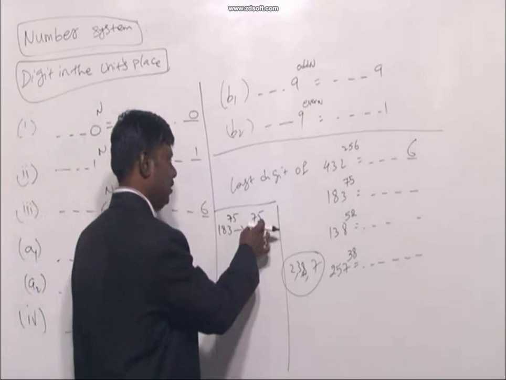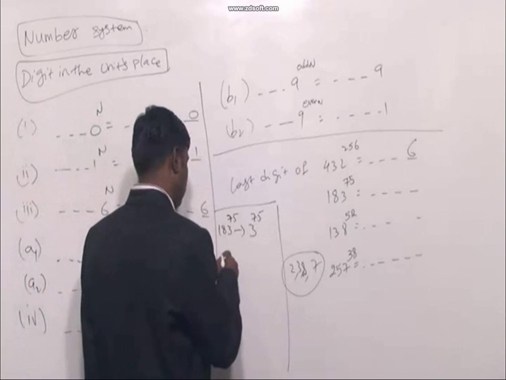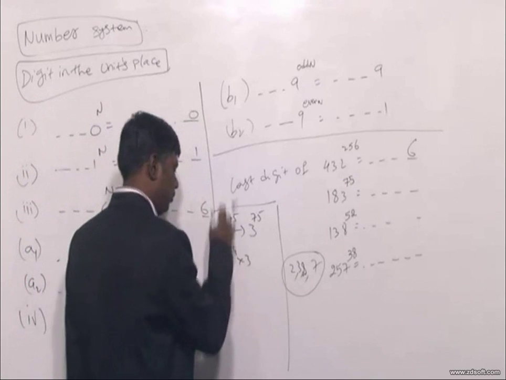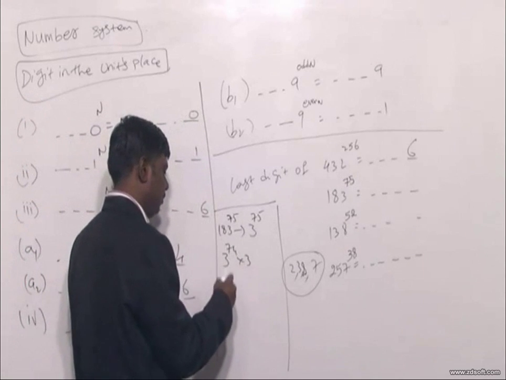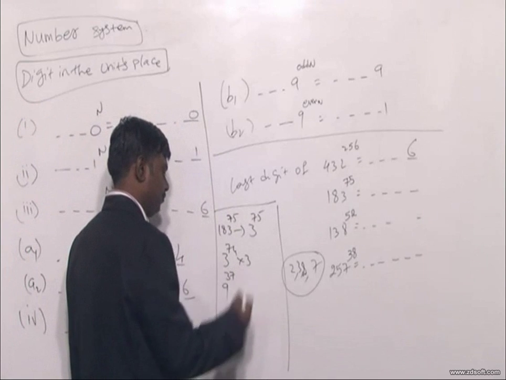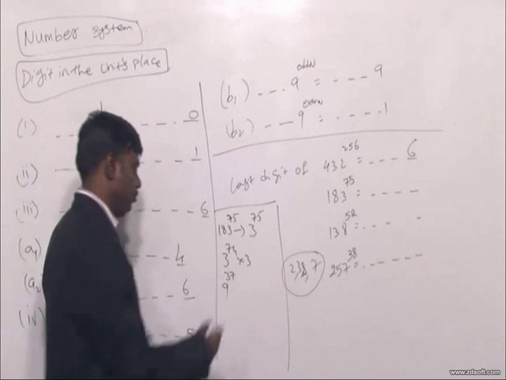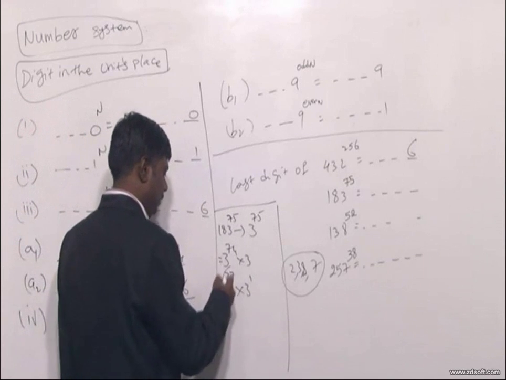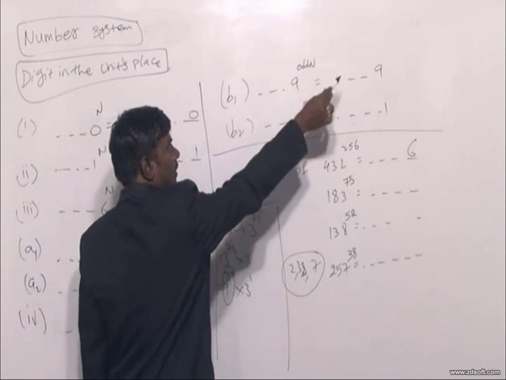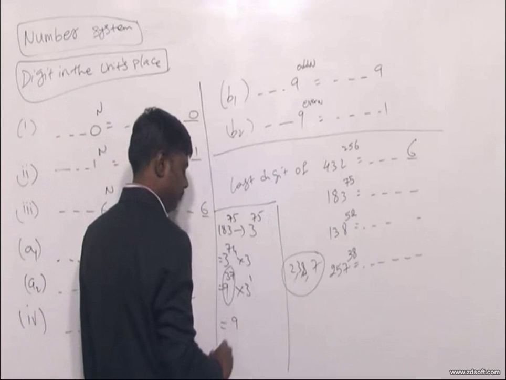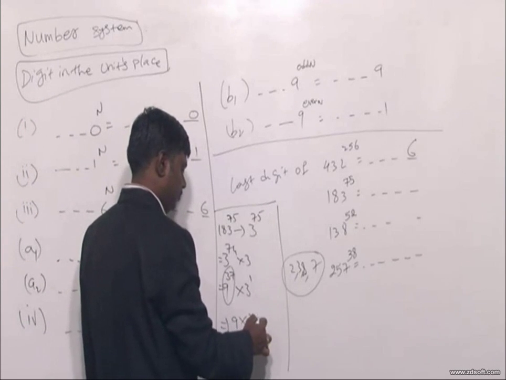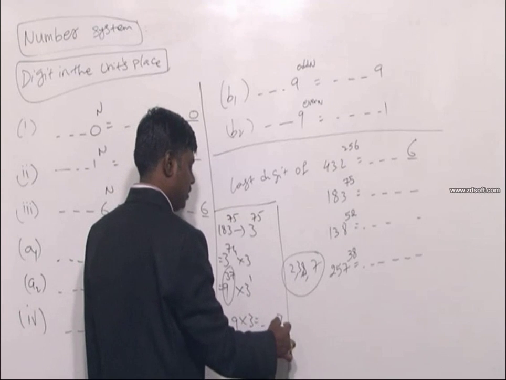But then this is not divisible by 2. So 3 power 74 into 3, right? What is 3 power 74? 9 power 37 into 3 power 1. 9 power odd natural number is 9. 3 power 1. So 9 into 3, 27. So last digit is 7.